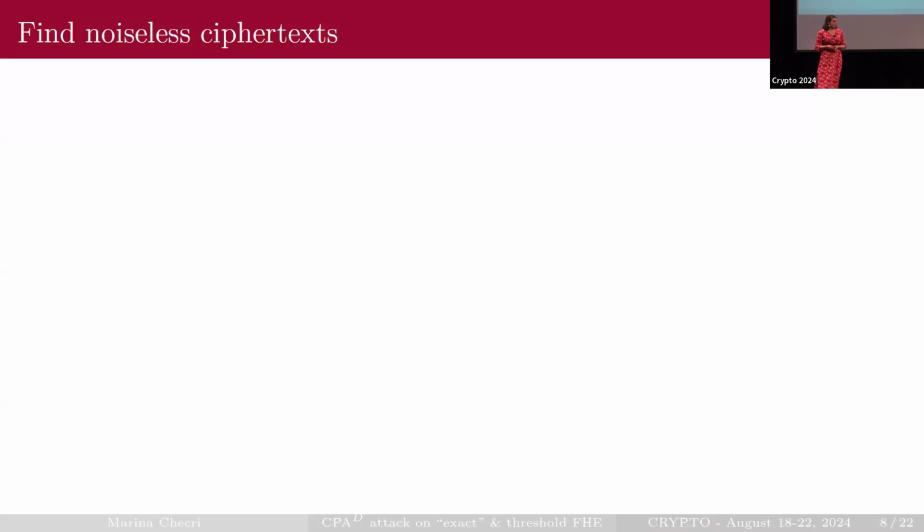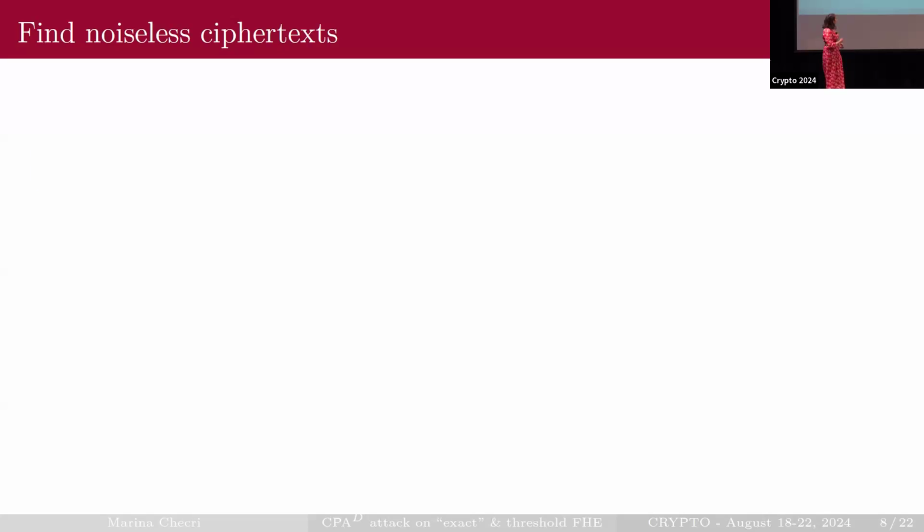The LWE noise is what prevents us from finding the secret key. And the first idea Eve has is to remove this noise, or rather, to find enough noiseless ciphertexts to directly get linear equations in the secret key. The issue is that Eve does not know which ciphertexts happen to have a zero noise, so how can she identify them?